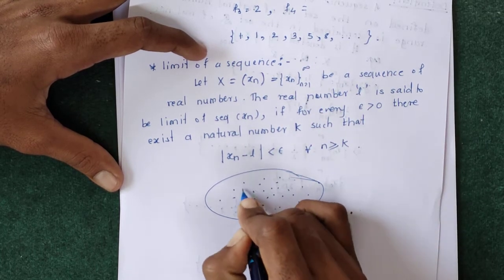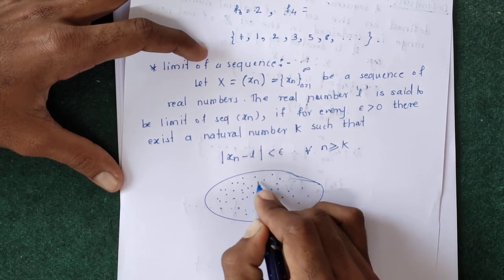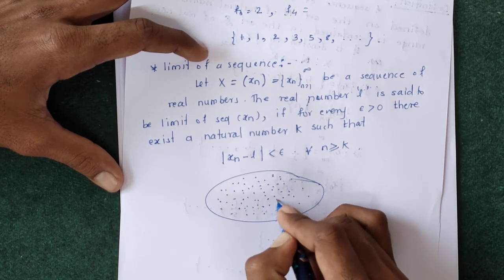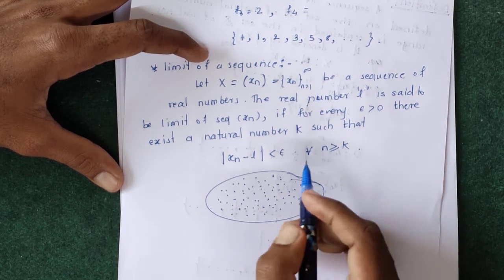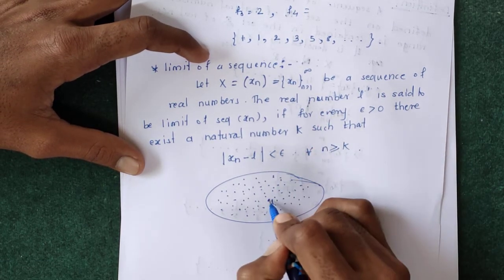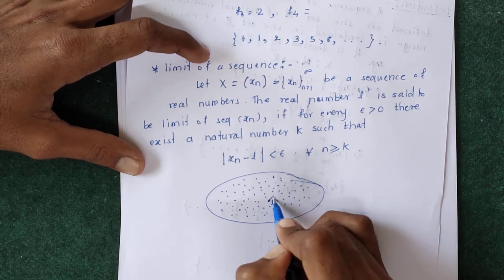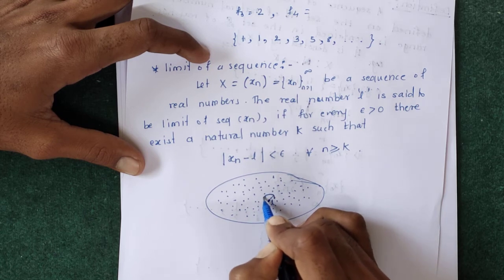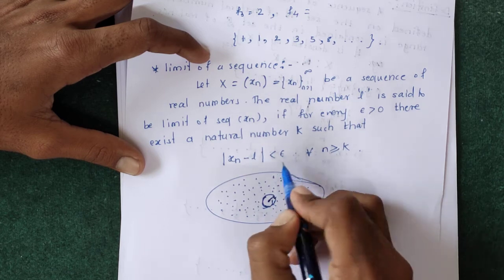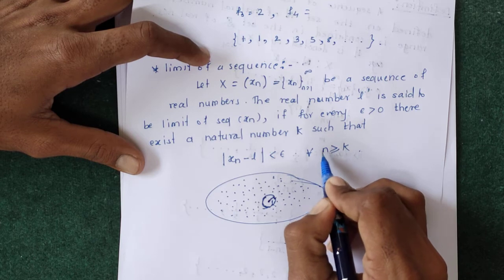The sequence means an infinite set, these are the elements of the infinite set, and we say that the sequence of real numbers has limit L whenever, for every epsilon positive, if we take some epsilon neighborhood of L, then this epsilon neighborhood of L must contain the elements of the sequence where n is greater than or equal to k.